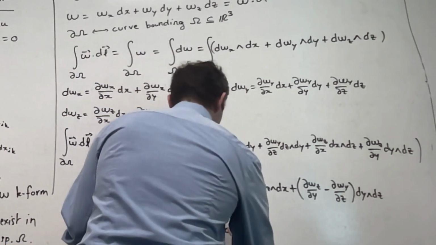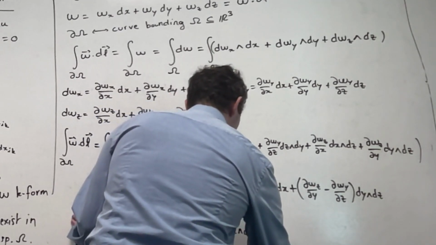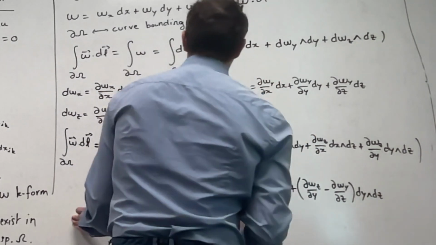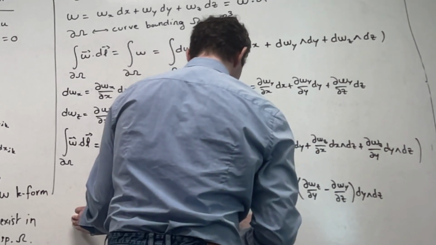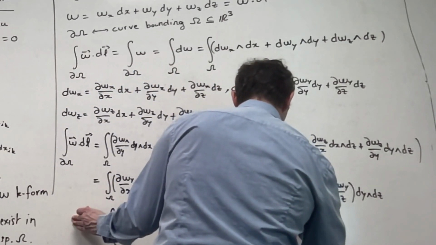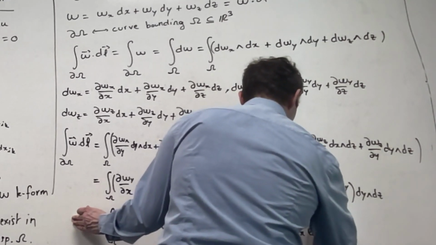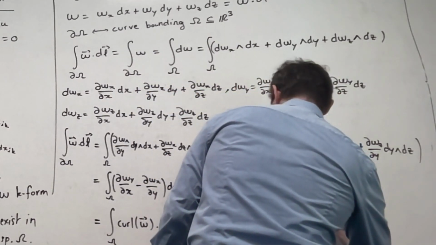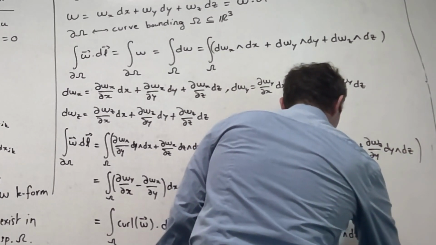That's going to be dx dy ez, and then plus dz dx ey, and then plus dy dz ex.